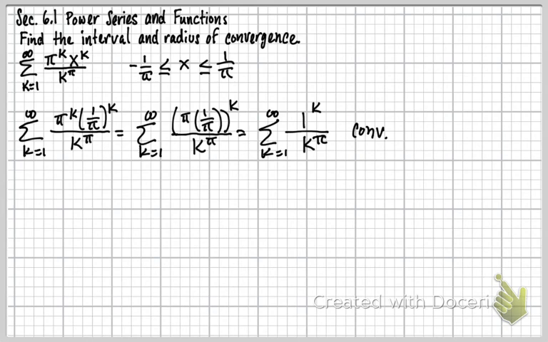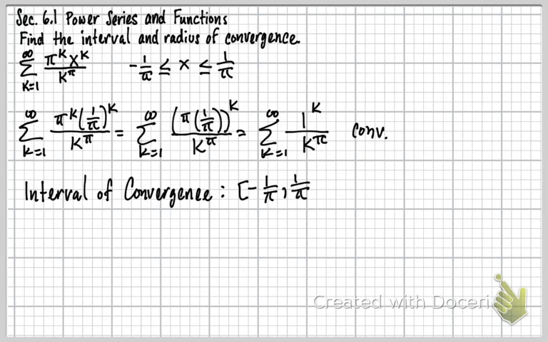So for our final answer, the interval of convergence would be negative 1 over pi, comma, 1 over pi, both included with brackets. And the radius of convergence, honestly, is just a simple one if I was asked both of these.